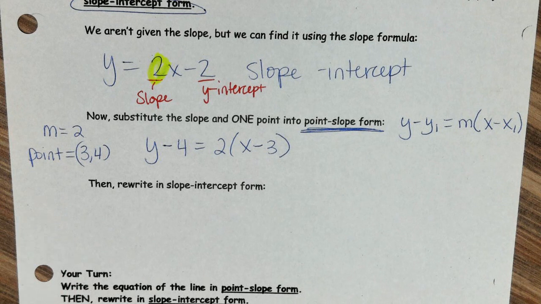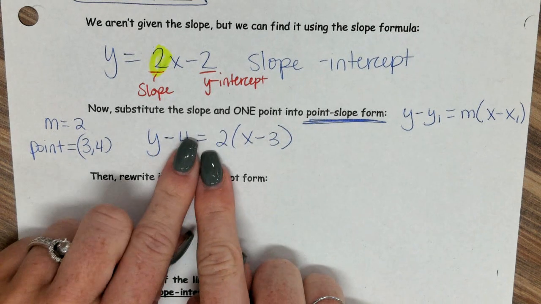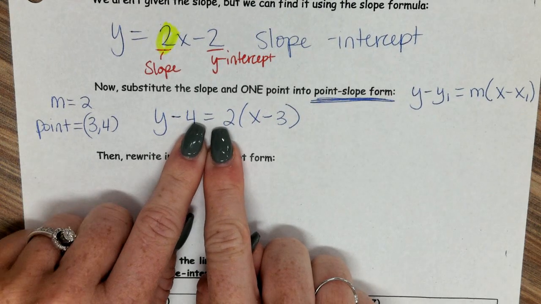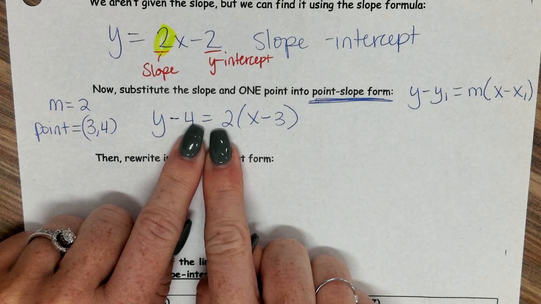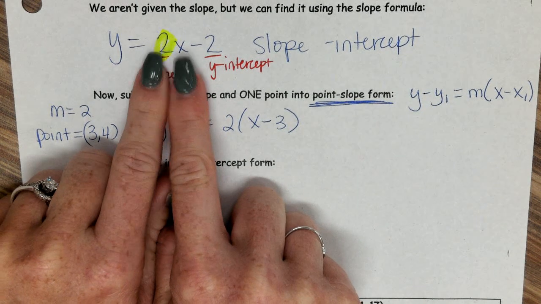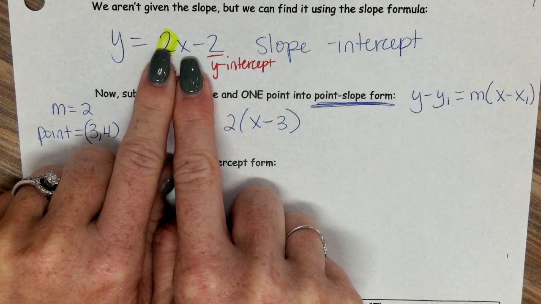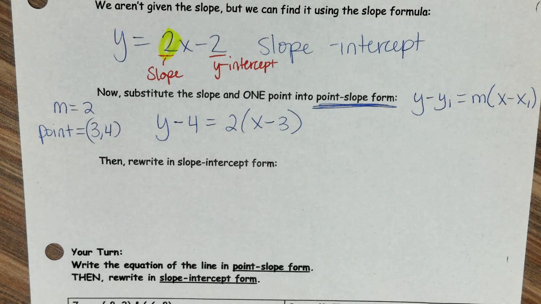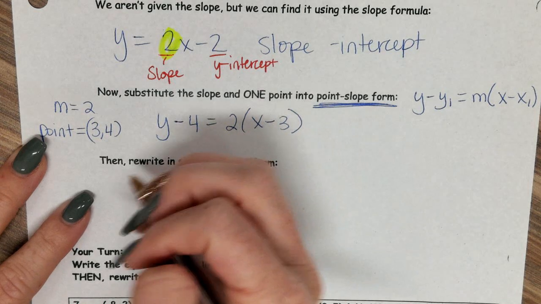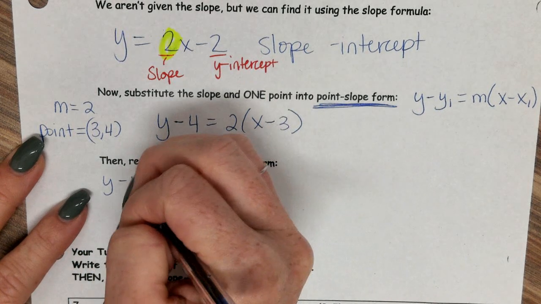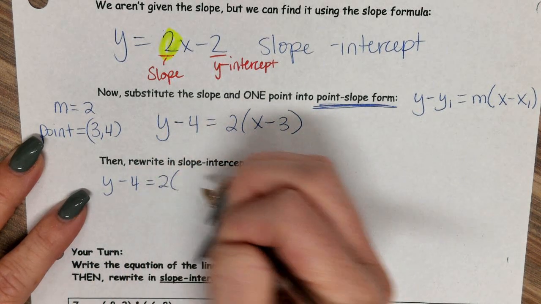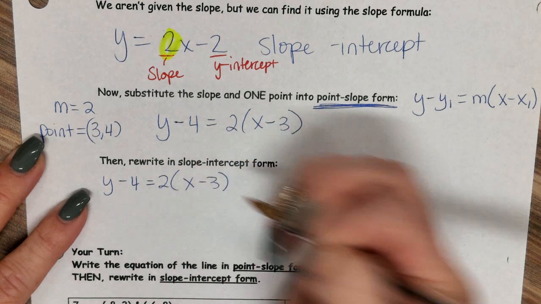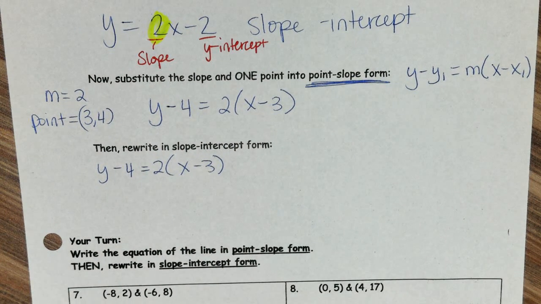Now what they want us to do is take this equation and rearrange it to slope-intercept. We should get what? This answer. Are y'all with me? I want to show y'all that it is the exact same equation. So we're going to take this, rewrite it right here: y minus 4 equals 2, open parentheses, x minus 3. And what we're going to do is distribute and then rearrange.